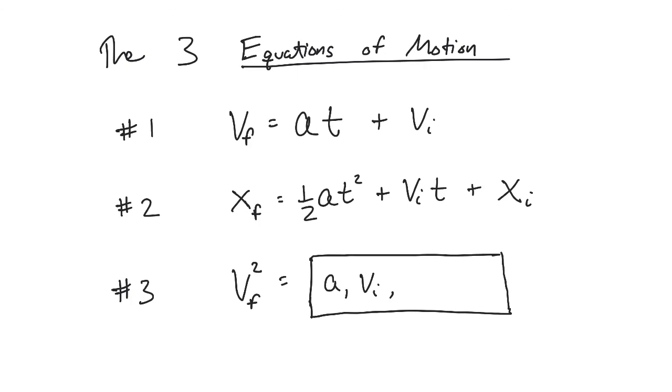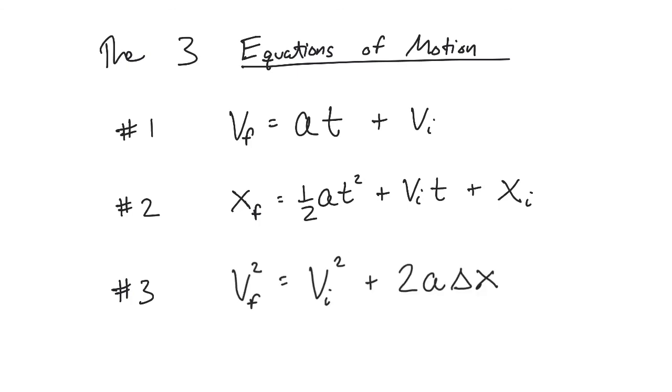We'll end up doing it both ways, but we'll do it like this for now with the displacement there. Okay, so pause the video if you want to try that and see if you can derive this third equation of motion without time, and then I'll give it to you right now.